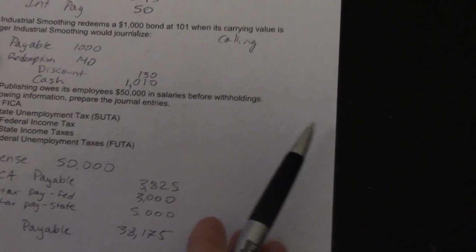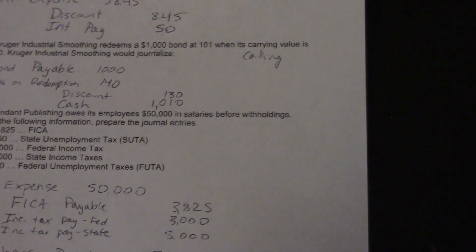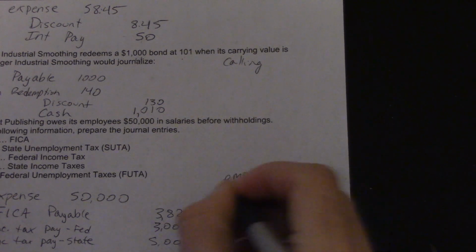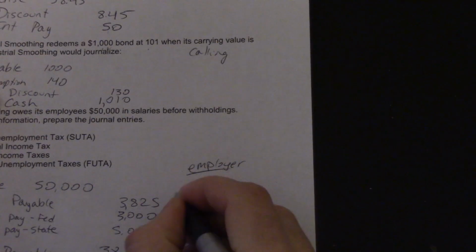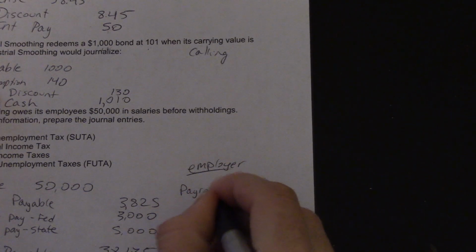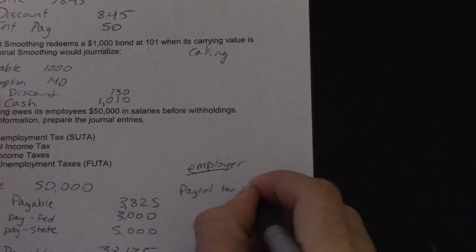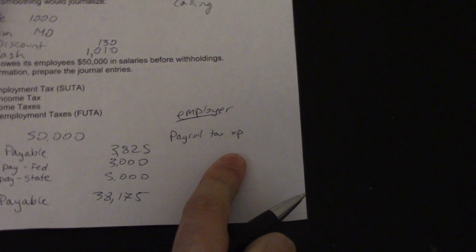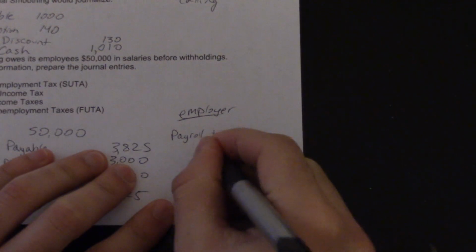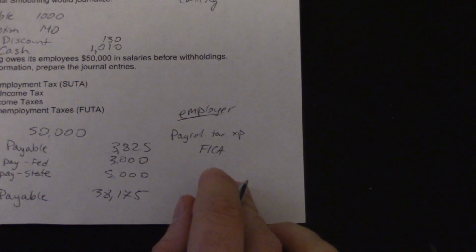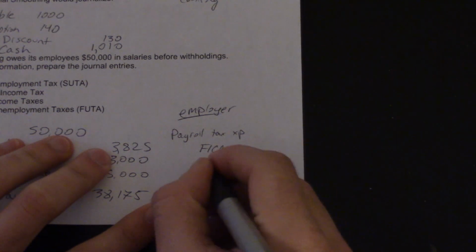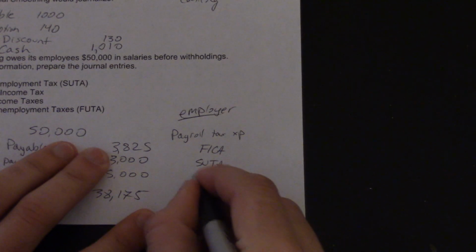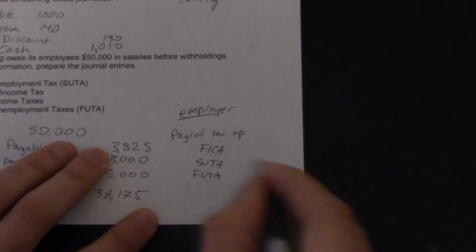The employer. So going on to the employer side, the employer will record a payroll tax expense. Sorry, I'm kind of running out of room. We'll debit payroll tax expense. They'll pay for FICA. They're going to pay for state unemployment taxes and federal unemployment taxes.